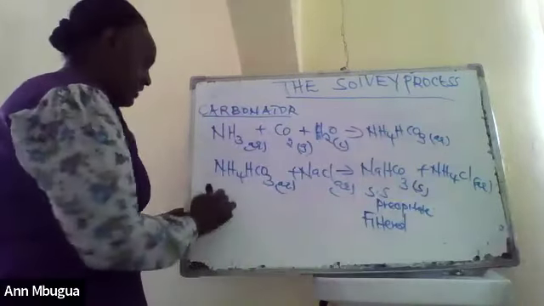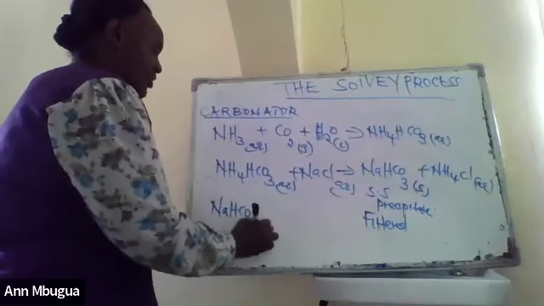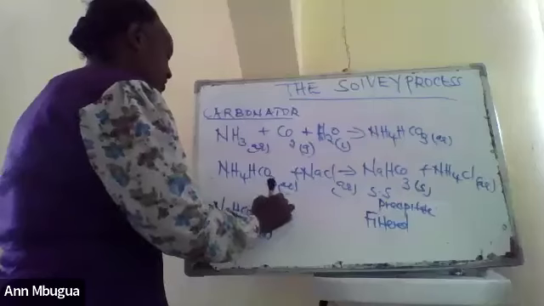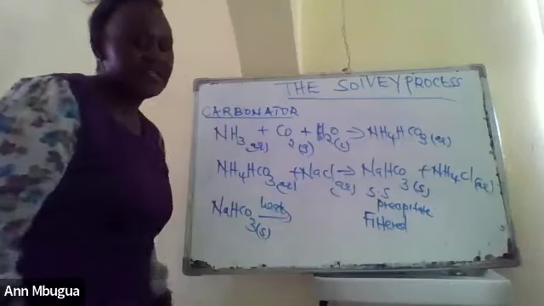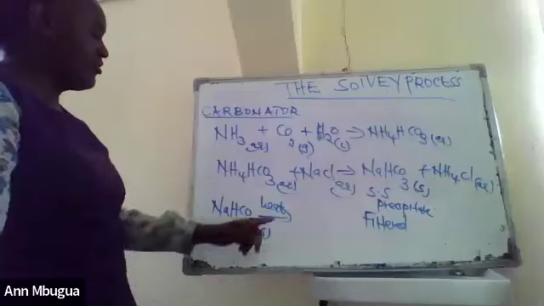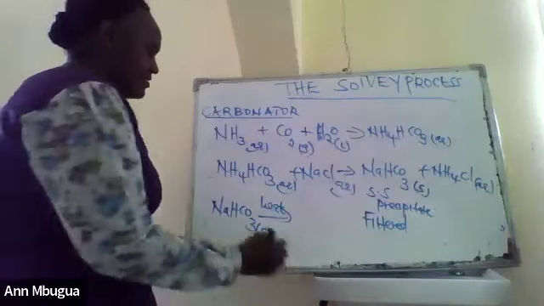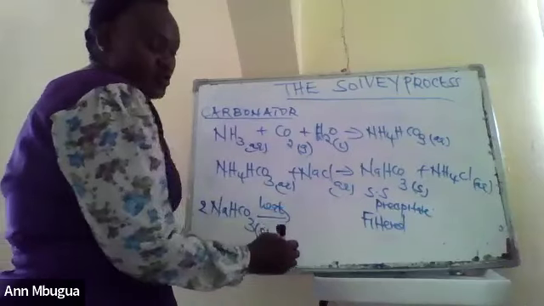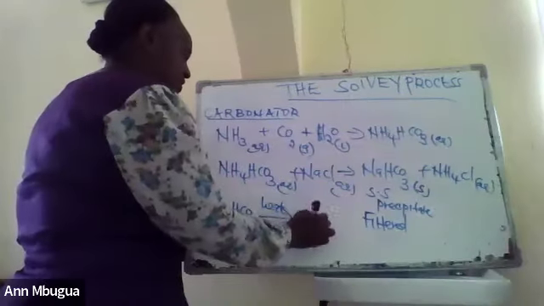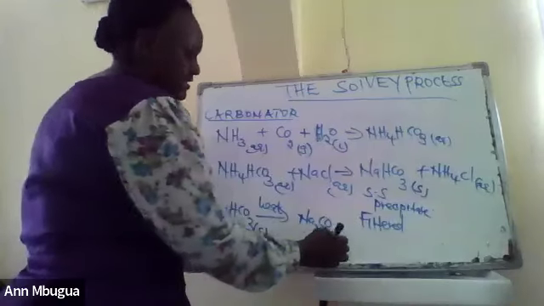So after filtering, the sodium hydrogen carbonate is strongly heated in the iron tubes. On heating it strongly, it will decompose to the sodium carbonate, which is our interest.